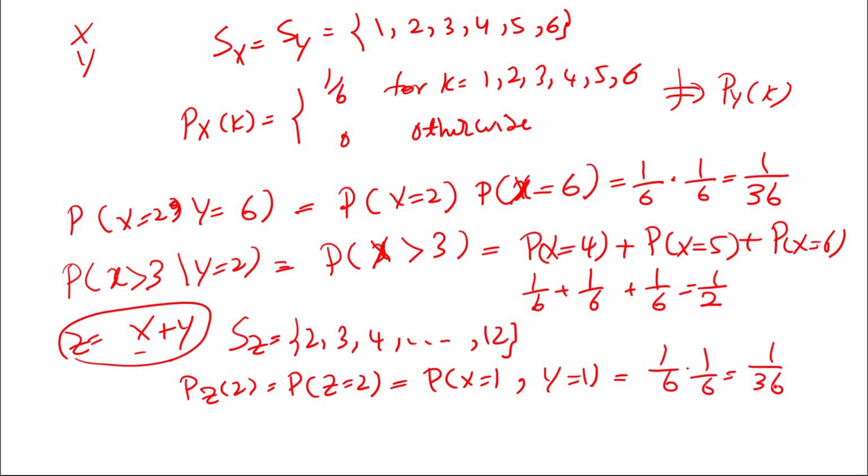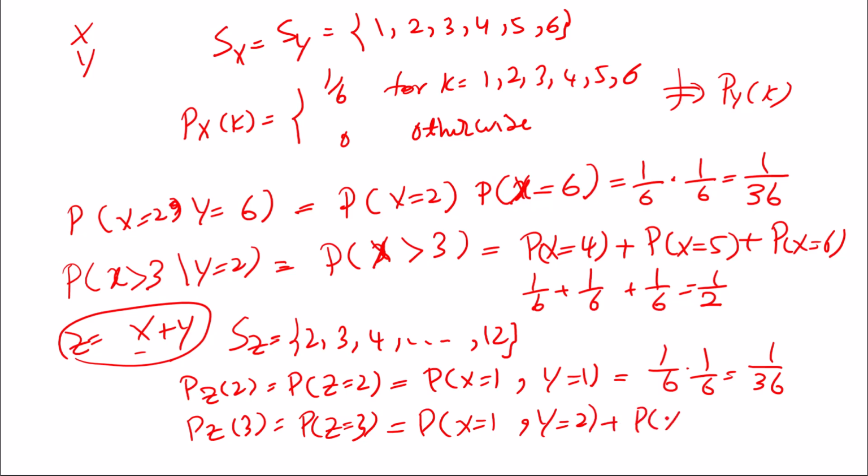For P(Z=3), which is P(X=1 and Y=2) plus P(X=2 and Y=1), right?